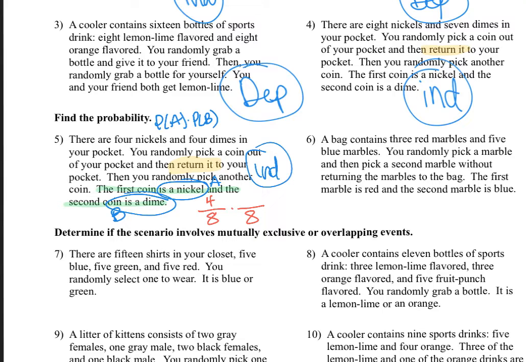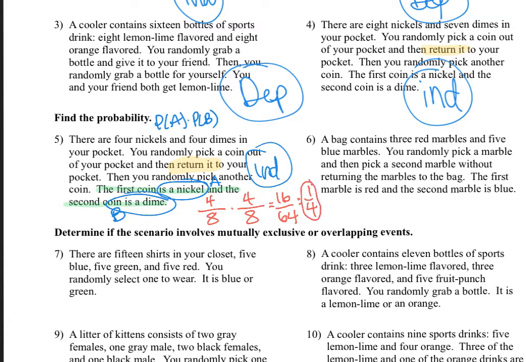And now I'm assuming that it's a dime, which is 4. So I'm assuming this is 16 over 64. Now, on your quiz, you'll be given the fraction that you have to simplify, not the probability in decimal form. So we would just have to take 16 over 64 and simplify it as much as possible. So I'm going to say this is 1 over 4.